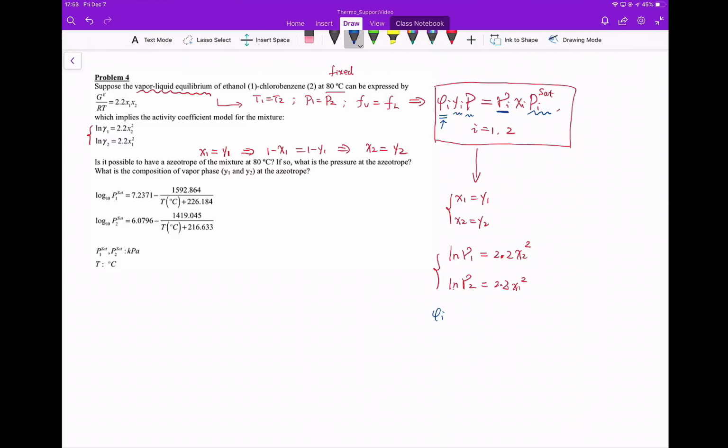In order to see what the fugacity coefficient is, we need to think about whether we have to worry about it. So we need to take a look at P total. Is it a small value, or is it a high pressure where we need to worry about the fugacity coefficient?